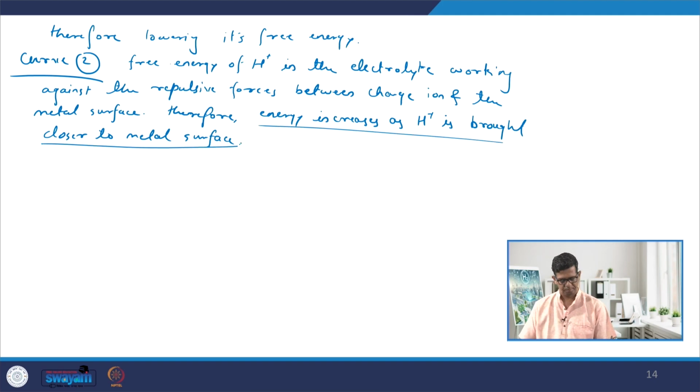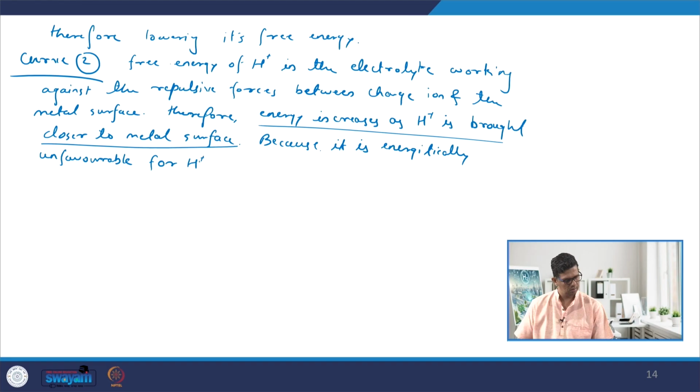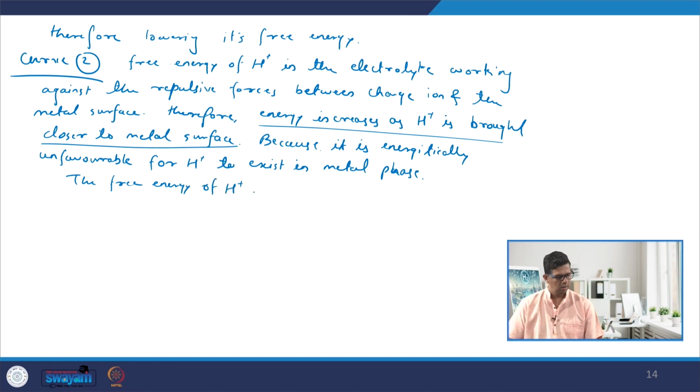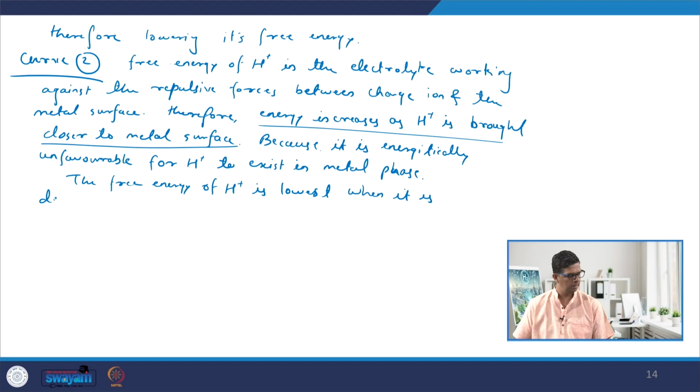This is important, and because it is energetically unfavorable for a proton to exist in the metal phase, this free energy of the proton is lowest when it is deep within the electrolyte.